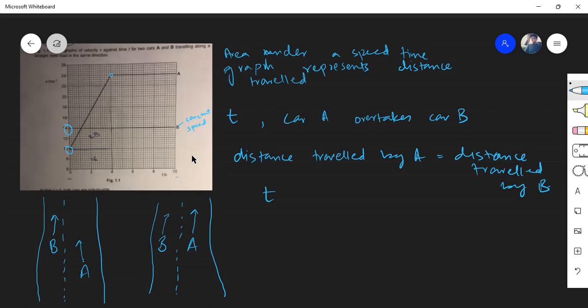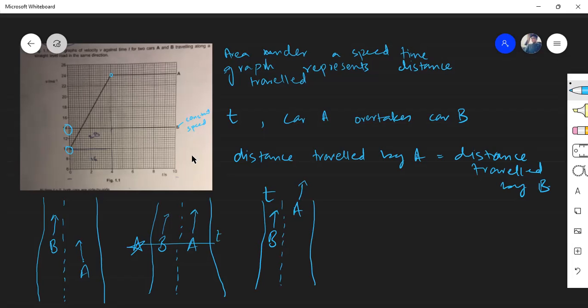Because I'm talking about this particular point, when B is obviously moving at a constant speed, but A is accelerating, and after this point, A will overtake. So this is going to be B, and this is somewhat A. Are you following this? Yeah. So at this point, the distances traveled by B and A are equal.